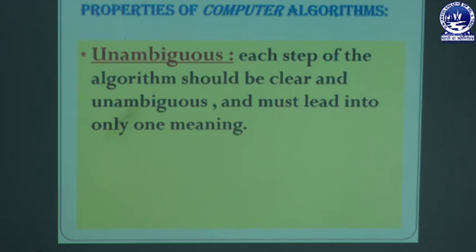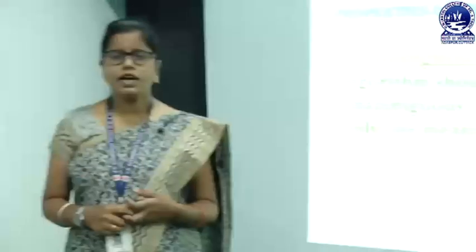What does unambiguous mean? Each step of an algorithm should be clear and unambiguous, and it must lead to only one meaning. We are developing the logic for the programmer. The programmer is responsible for converting the algorithm into code, that is, into a set of instructions.